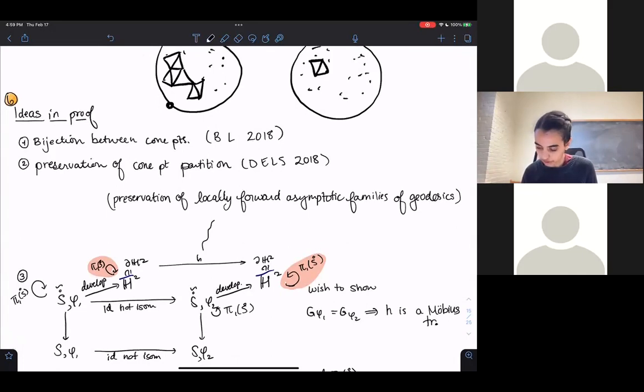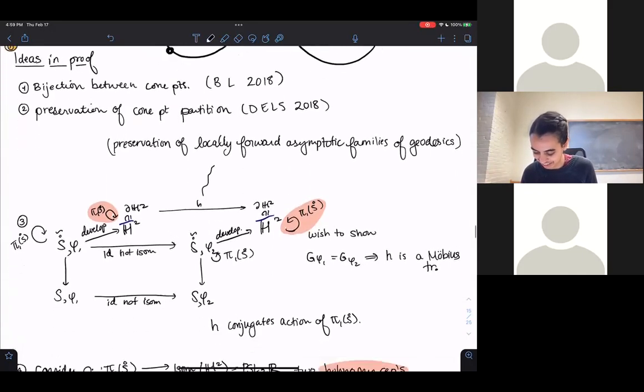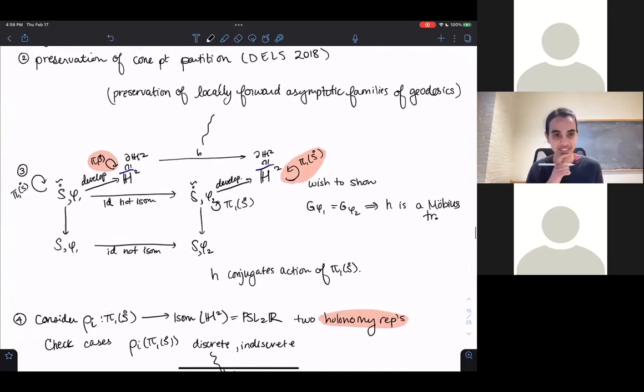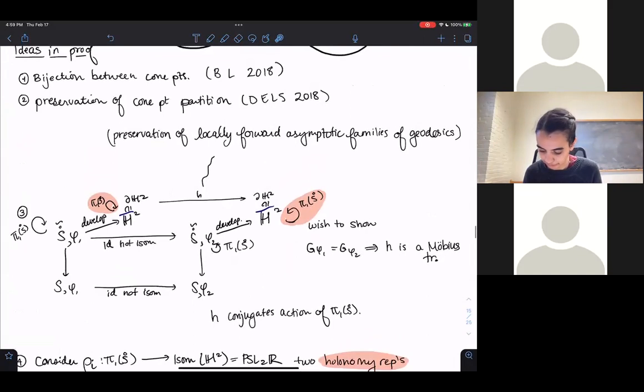All right, and so how does that work? There's this diagram, it's not so complicated, where what we do is, we take our surface, we remove the cone points. This little symbol means remove the cone points, and then take the universal cover. And then surface with metric 2, remove the cone points, take the universal cover.